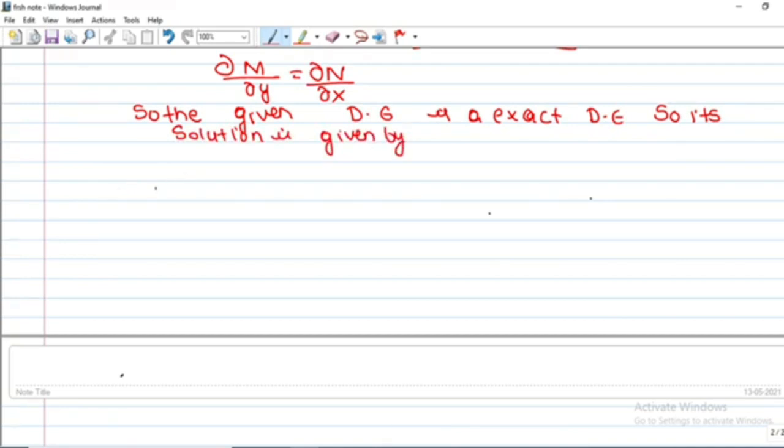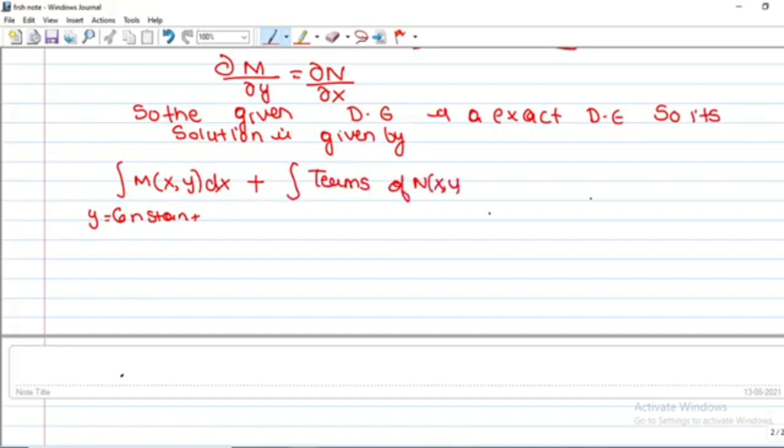The solution will be given by integral of M of x comma y dx, with y constant, plus integral of the terms of N of x comma y free from x.